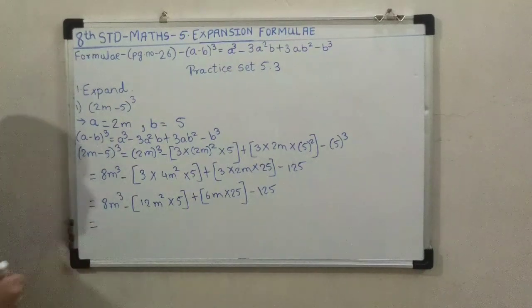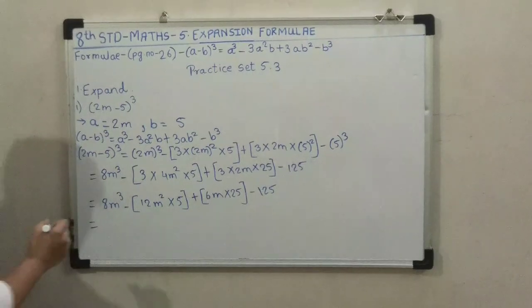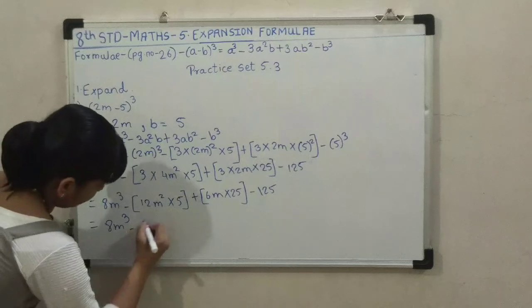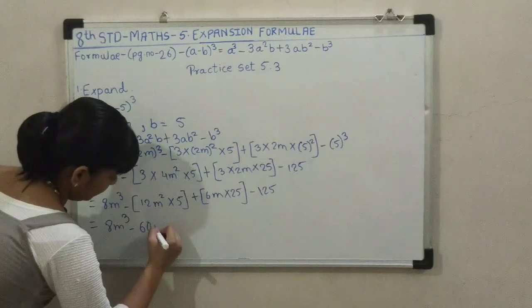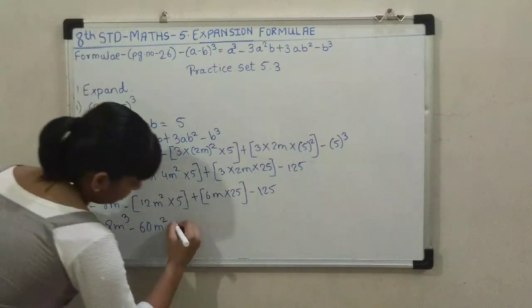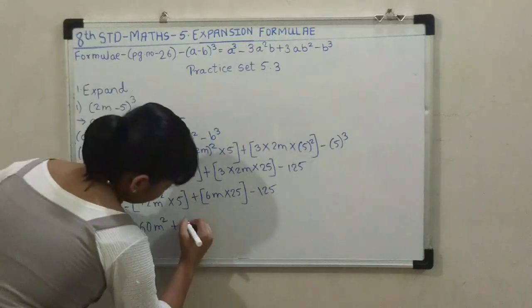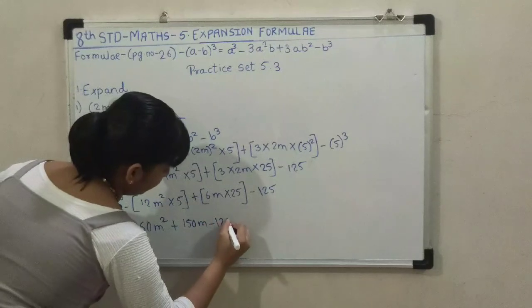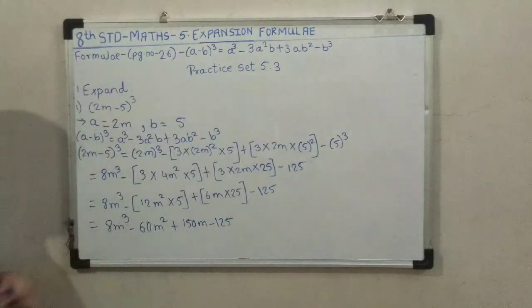So 12 fives are 60m², 25 sixes are 150m. The answer is 8m³ − 60m² + 150m − 125. So this is our final answer.